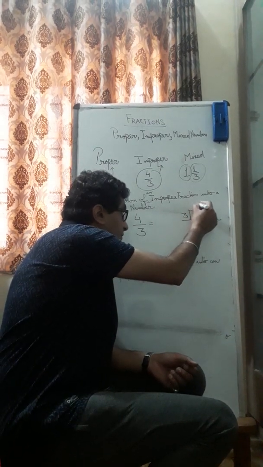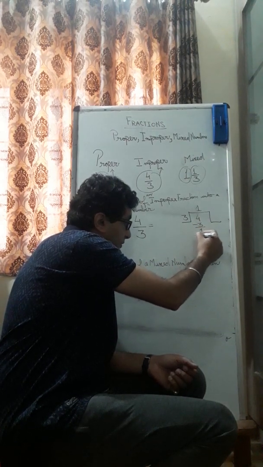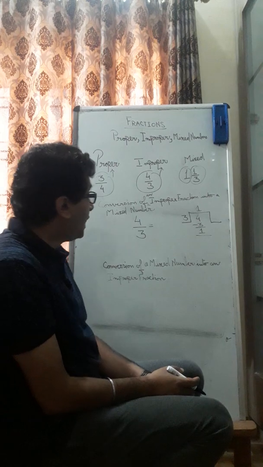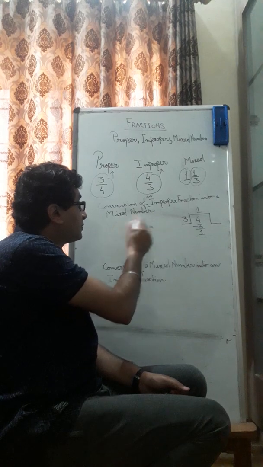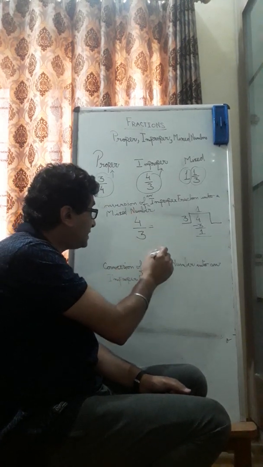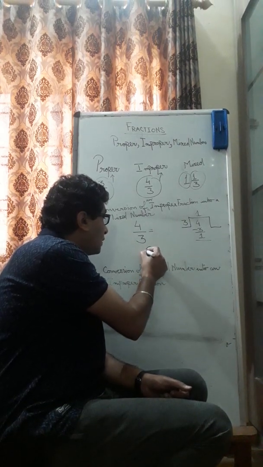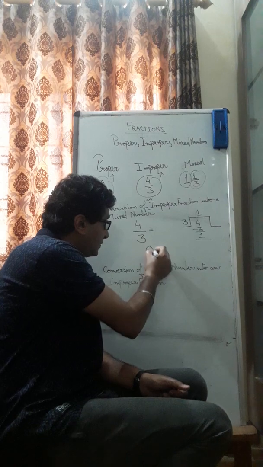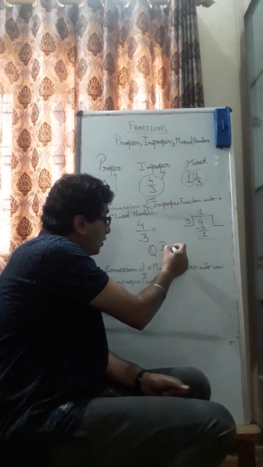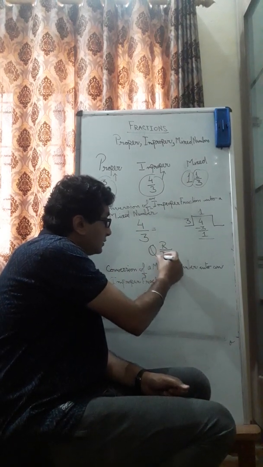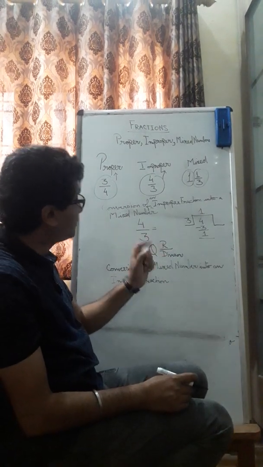So what will be the quotient? 1. 4 minus 3 is how much? 1. Now, the formula for the conversion of an improper fraction into a mixed number is what? It's the quotient as a whole number, remainder over the divisor.